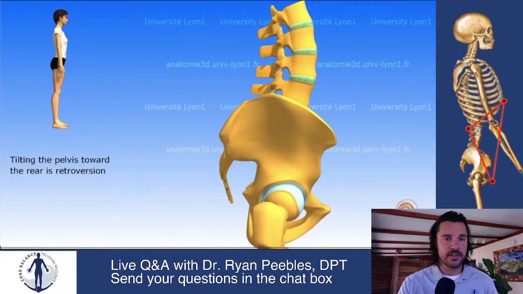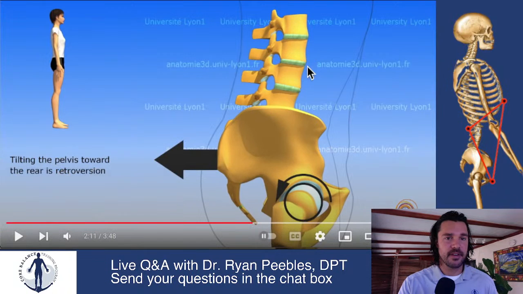Okay, we're back to neutral. So this is posterior tilt, so you can see the flattening of the curve in the lumbar spine. The pelvis gets to about level here, but it is posterior tilt. The pubic bone comes forward, and what you can see is the space opens up in the back of the spine.